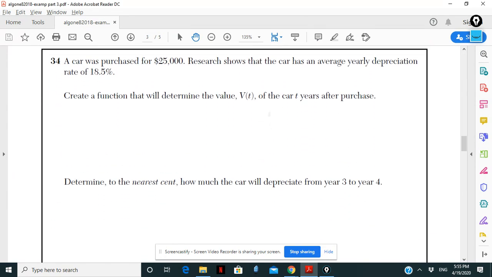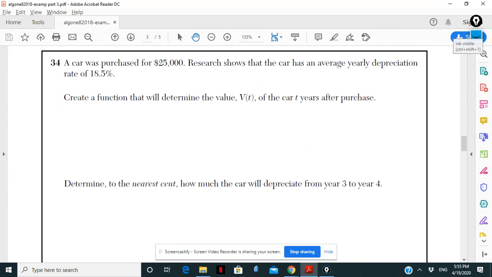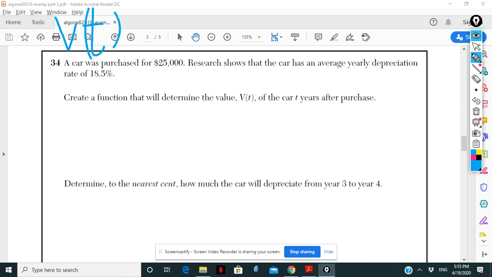Question number 34. A car was purchased for $25,000. Research showed that the car has an average yearly depreciation rate of 18.5%. Create a function V(t) of the car depreciation.